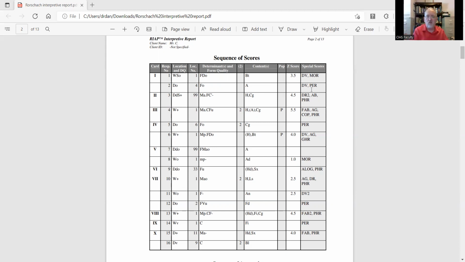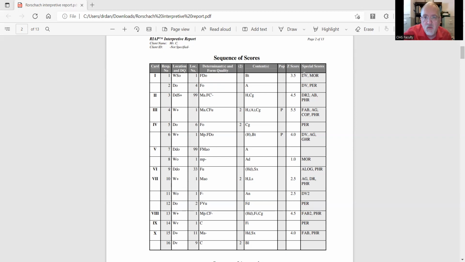Now, special scores we didn't talk about at all, but they are also in your book, pages 58, 59. They are just reflective of different types of information. You can see them in table 3.7. DV would be unusual verbalization.